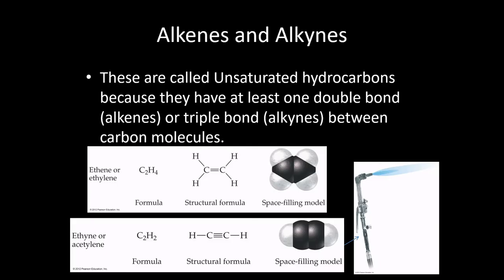All right, moving on then, let's talk briefly about alkenes and alkynes. So these are hydrocarbons, so just carbon and hydrogen is the only thing in the molecule, but these are now unsaturated hydrocarbons because there are now double in the case of alkenes and triple in the case of alkynes carbon bonds. So there are bonds between the carbon molecules that are not single bonds.